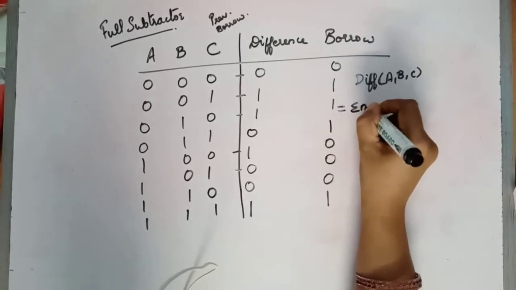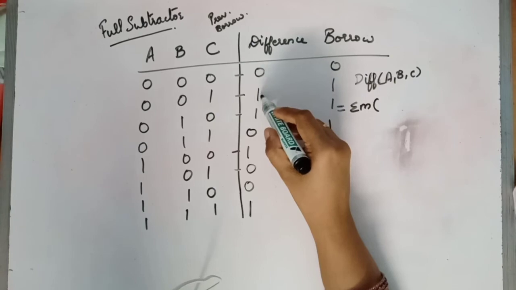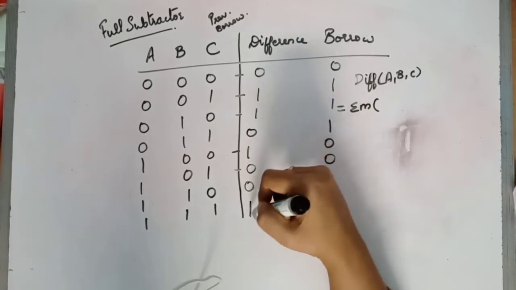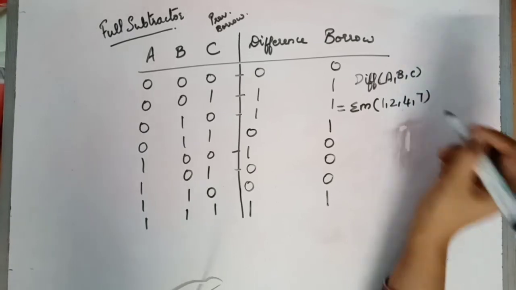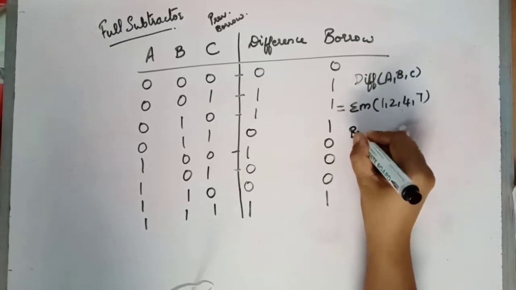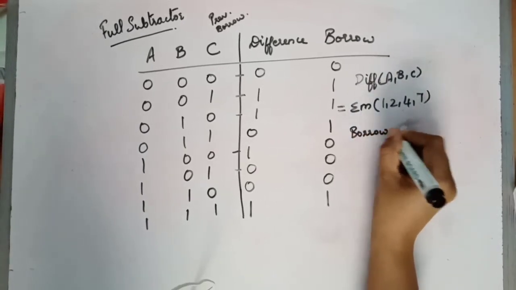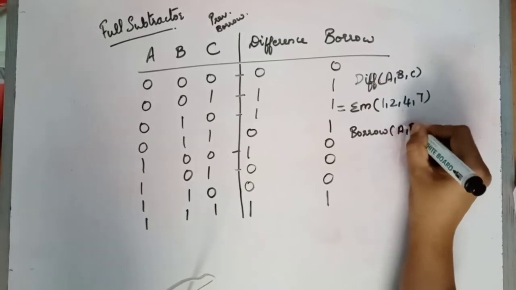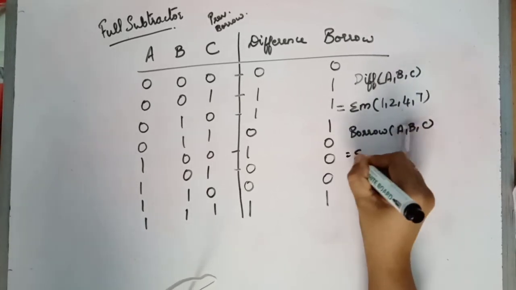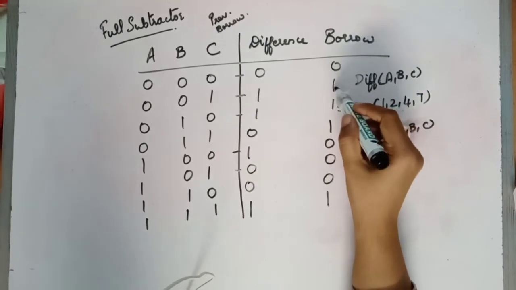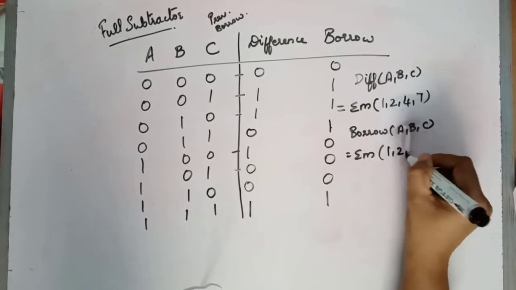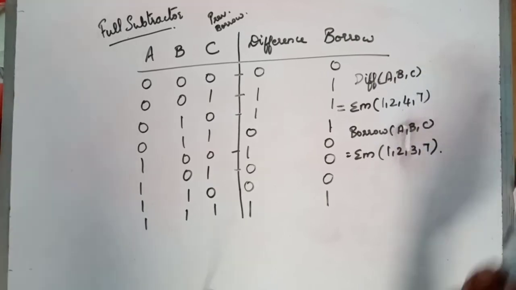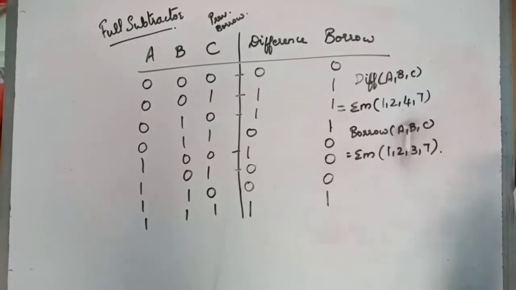Difference equals sigma m 1, 2, 4, 7. Borrow is also a function of ABC, equal to sigma m 1, 2, 3, 7.